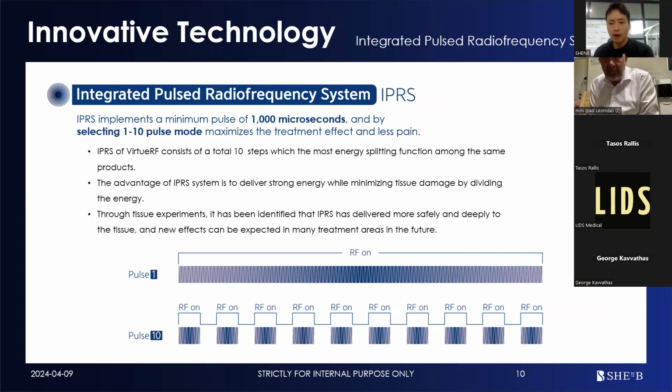But our virtual RF can control this continuous wave. We can split up to a maximum of 10 pulses. I'll show you a video of how it can be split. And the RF on and off time is calculated automatically depending on the RF duration time we set.